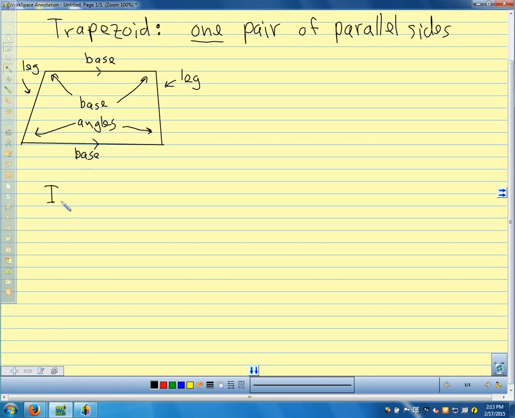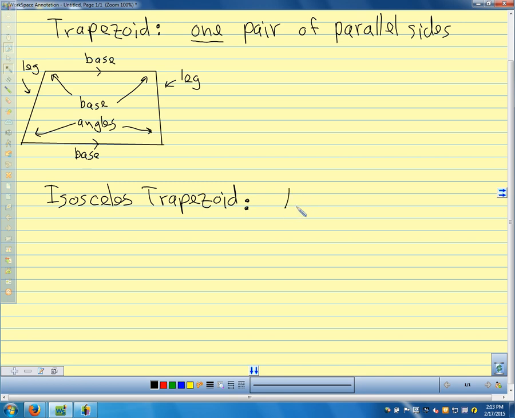All right, now we're going to move down to an isosceles trapezoid. So, with an isosceles triangle, what was special about an isosceles triangle? Two of the sides were the same. That's exactly the same for an isosceles trapezoid.